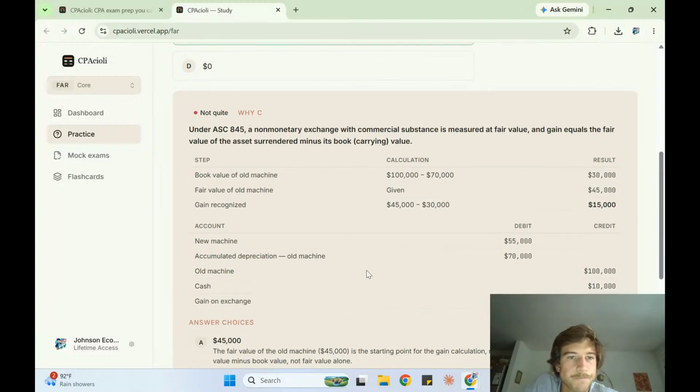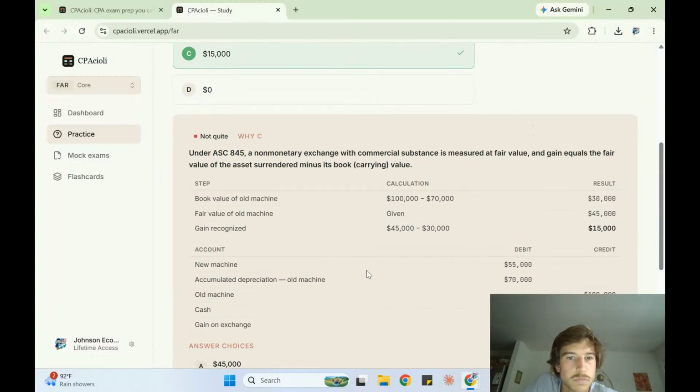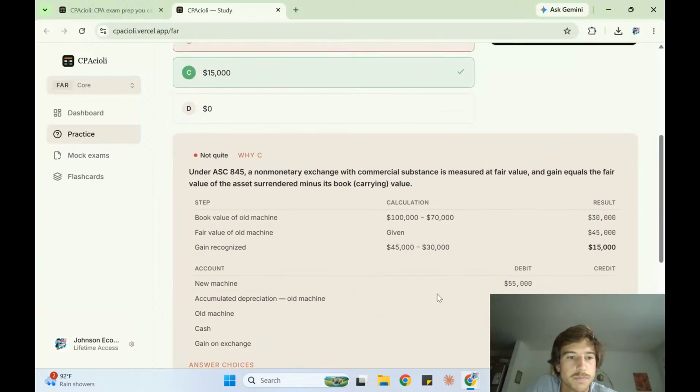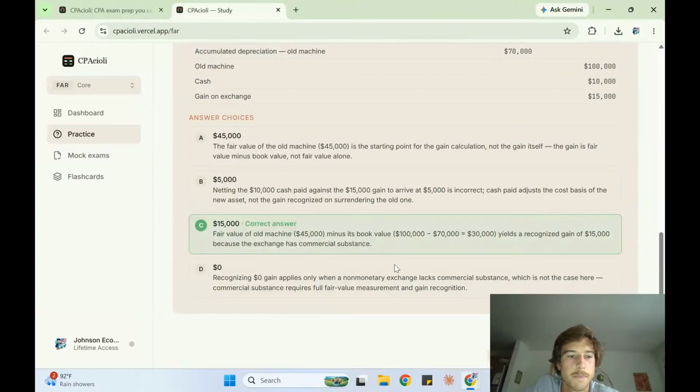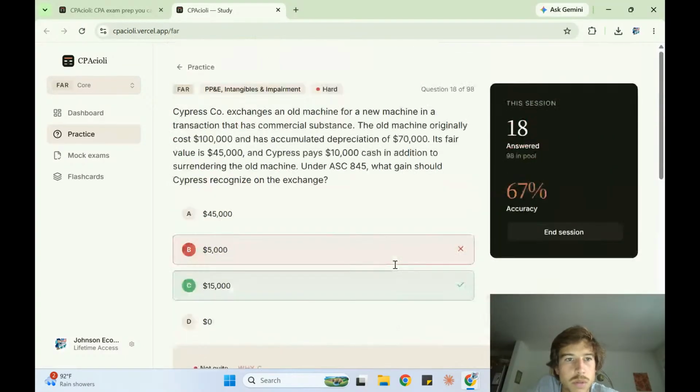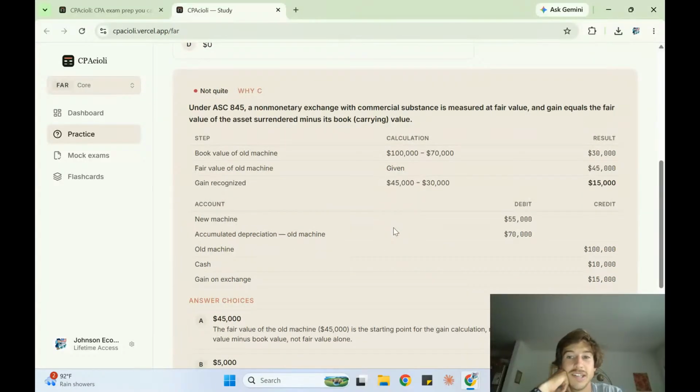So I guess the $10,000 cash raises the new machine and old machine's value.